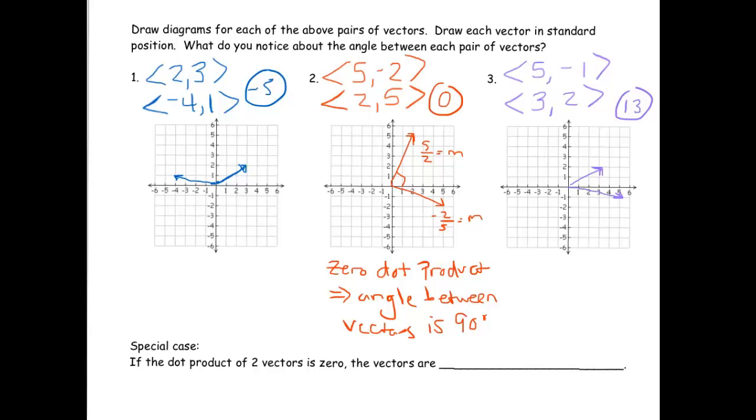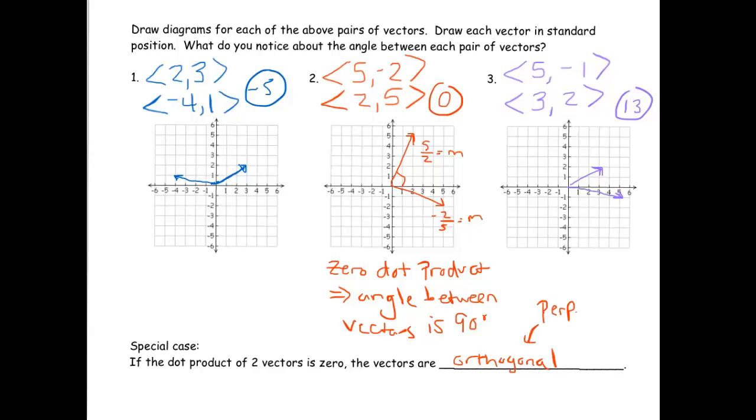Okay, and if the dot product of two vectors is 0, let's look down here at the bottom. If the dot product of two vectors is 0, as happened in the middle, the vectors are, we say, perpendicular, but when we talk about vectors, we have a special name for perpendicular, which is orthogonal. Orthogonal, as far as you're concerned, just means perpendicular.